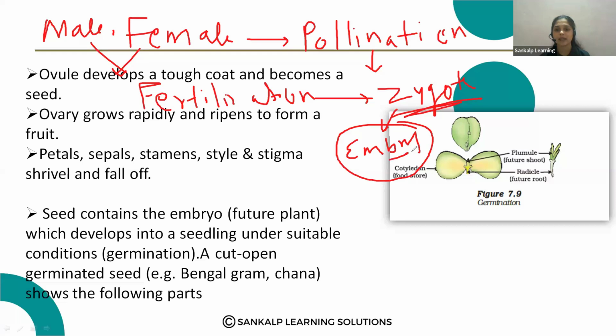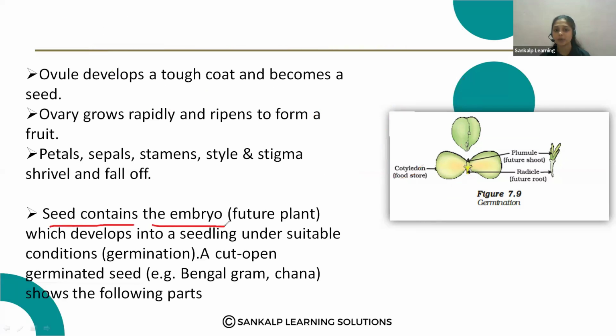What is inside the seed? The embryo. And the ovary, which is this part, develops into a fruit. The ovule develops into a seed and the ovary develops into a fruit, and the remaining parts fall off. And the seed contains the embryo. Inside the seed, the embryo will be there, that will develop into a new plant, right?